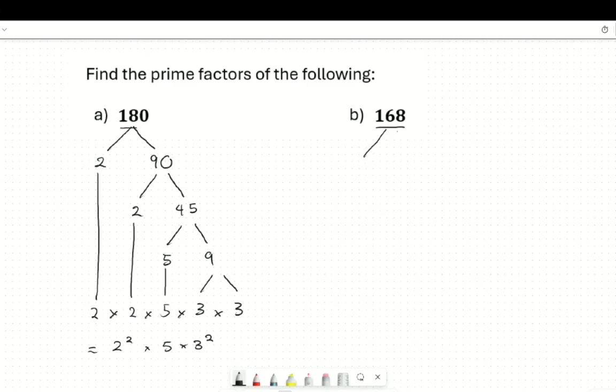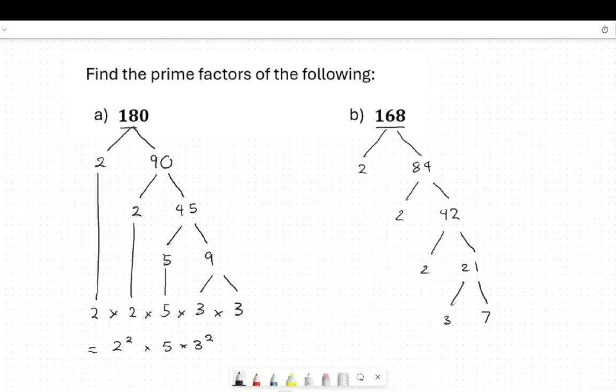Let's do the same for 168. I'm going to divide this one by 2, and half of 168 is 84. Then we can leave that one alone and look at breaking up the 84. That's just 2 times 42. If we look at this again, we can do 2 times 21. And again, we can do 3 times 7.